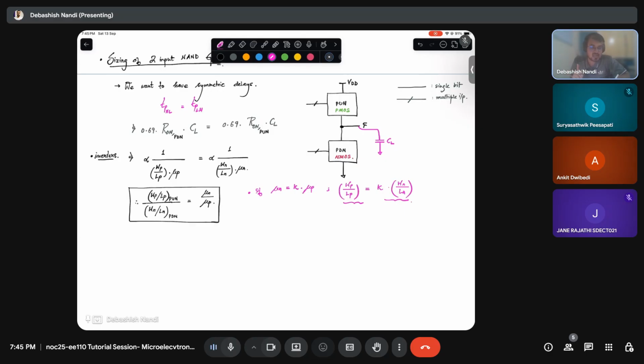This is the first condition of sizing of the CMOS logic. That means I will consider this as 1 and then I will have the size of this as K. Okay. This is condition number 1.